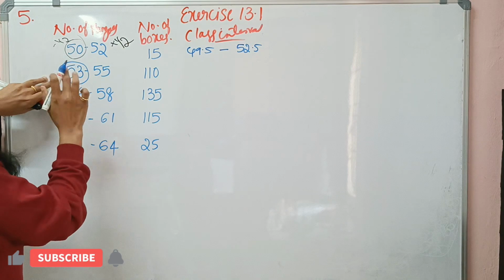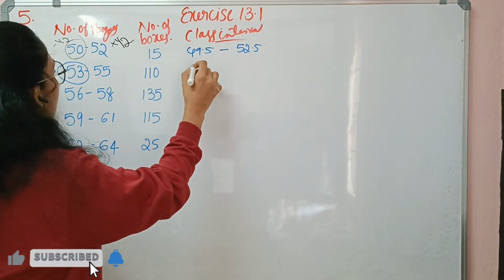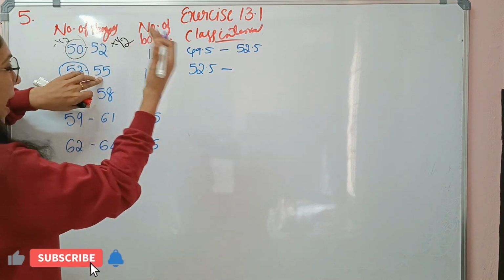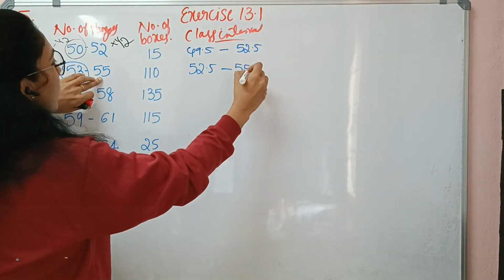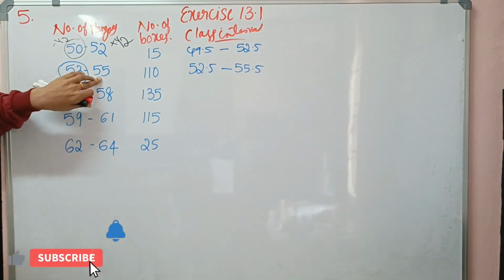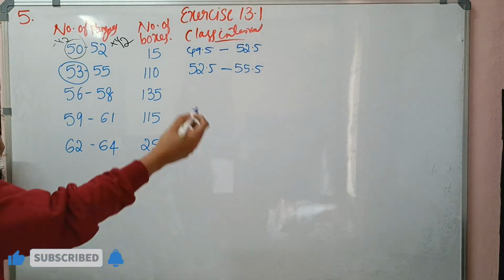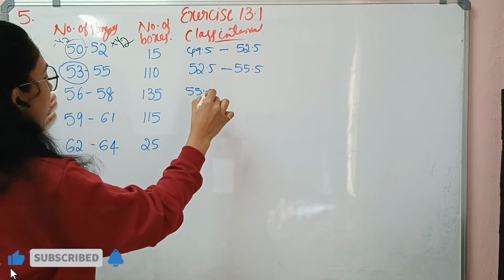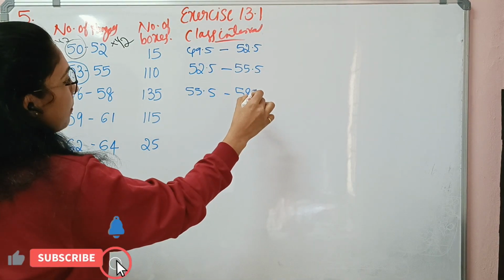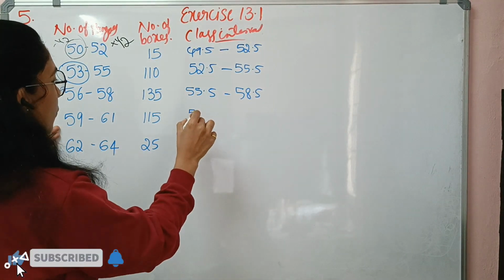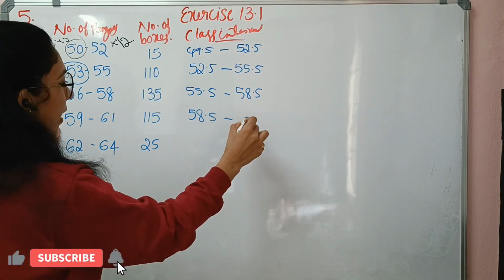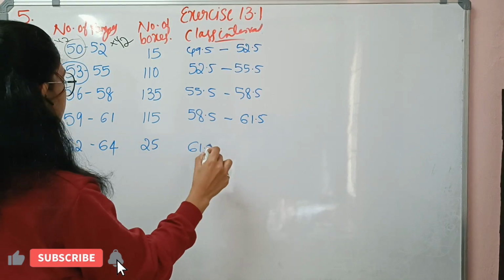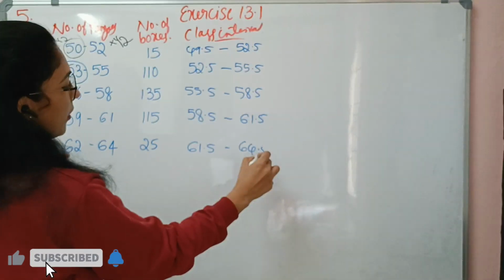Now subtracting half from the next lower limit 53 gives 52.5, and adding 0.5 to 55 gives 55.5. Then 55.5 and 58.5, then 58.5 and 61.5, then 61.5 and 64.5.